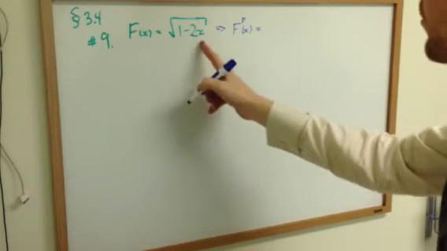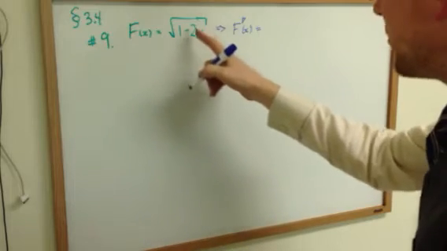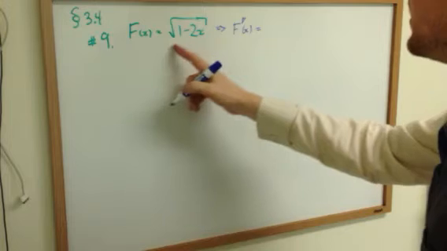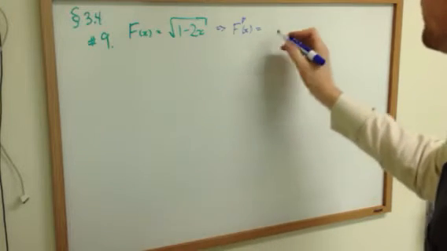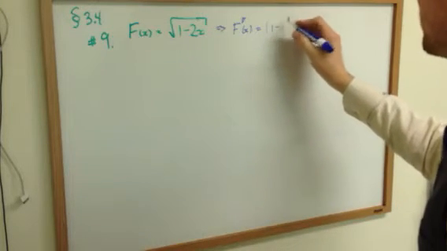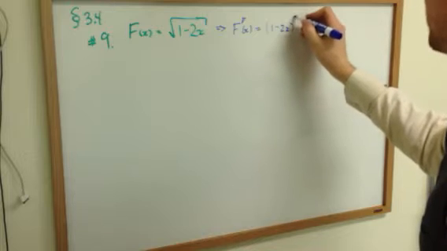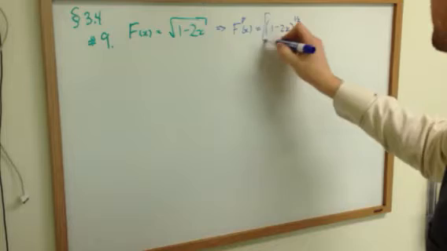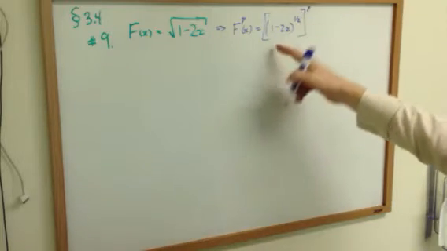And this is a power rule, but it has internal structure that we need to be careful of. So this is the square root of a function is equal to, and you probably don't have to write this out if you remember that, but it's equal to a half power.